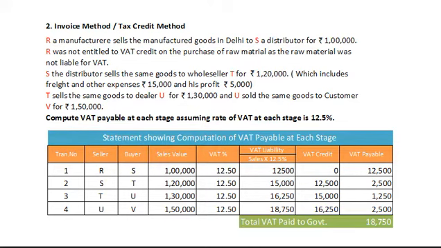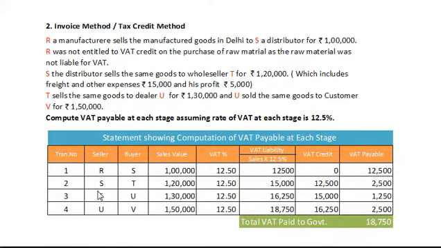Then the second transaction is between S and T. Here the selling price is 1,20,000. VAT rate 12.5%. So 12.5% of 1,20,000, gross VAT amounts to 15,000. And here S is eligible for VAT credit.